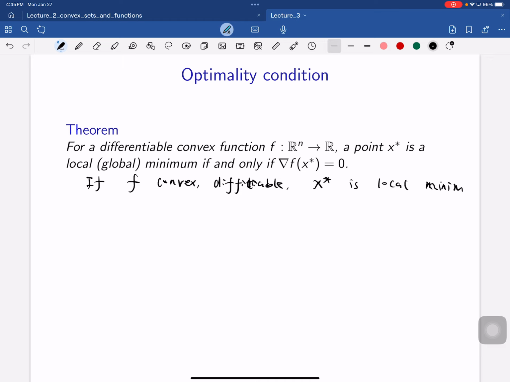Right, so if this holds, we want to show that the gradient at x star equals 0, right? Any ideas on how to show this?